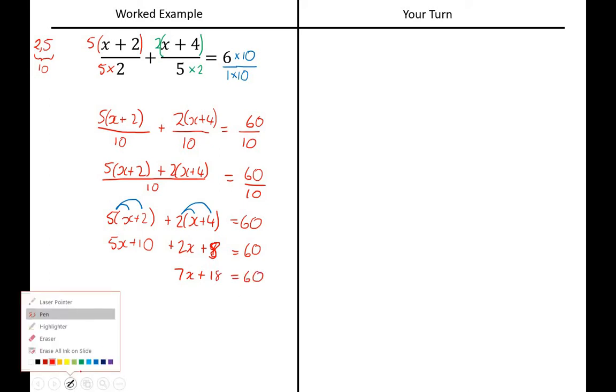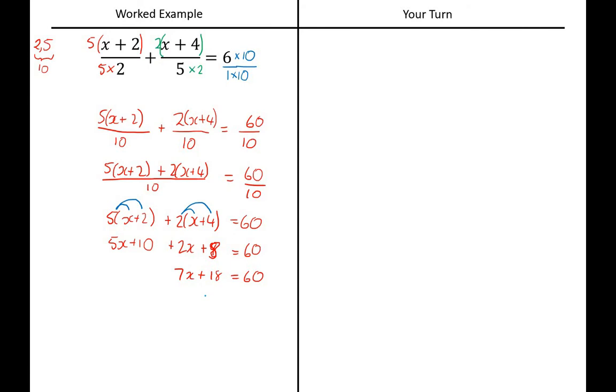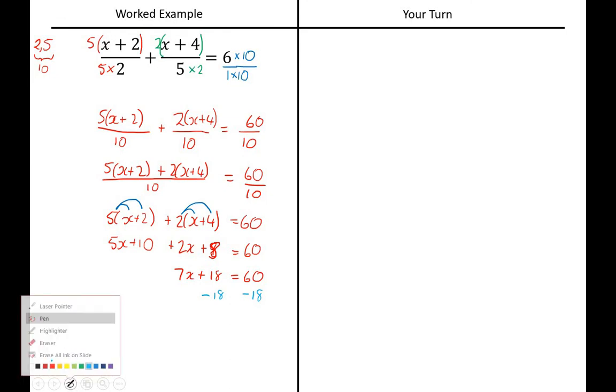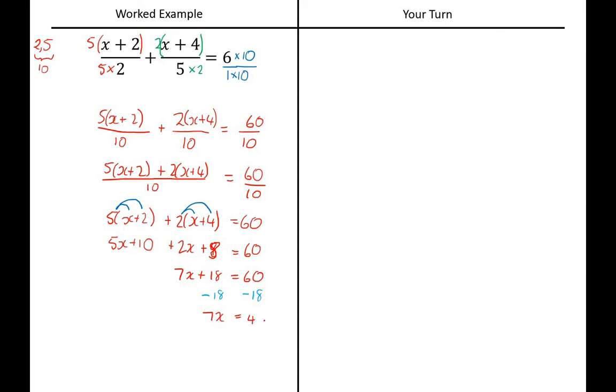Now to solve that equation, we're going to need to subtract 18 from both sides of the equation so that we get only x's on the left. Alright, so we've got 7x is equal to 42. Is that right? So take away 10 is 50, take away 8 is 42, that's it.